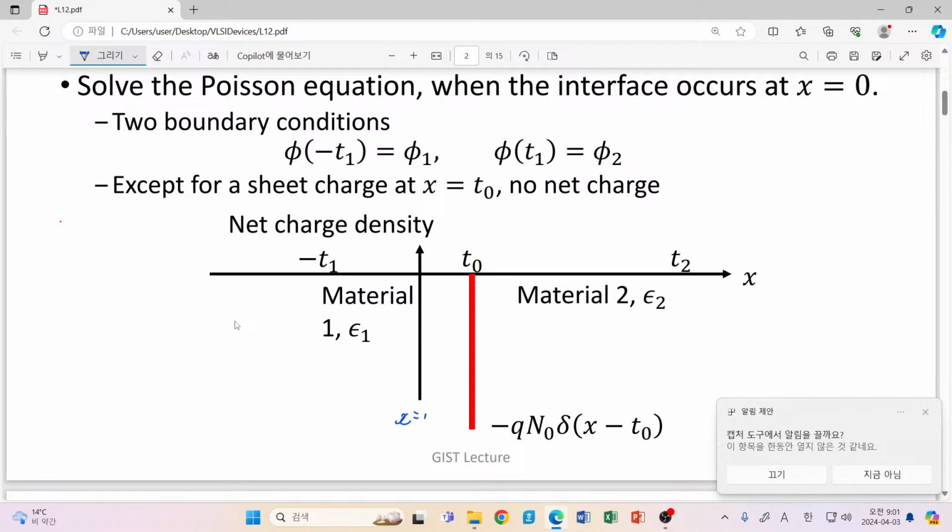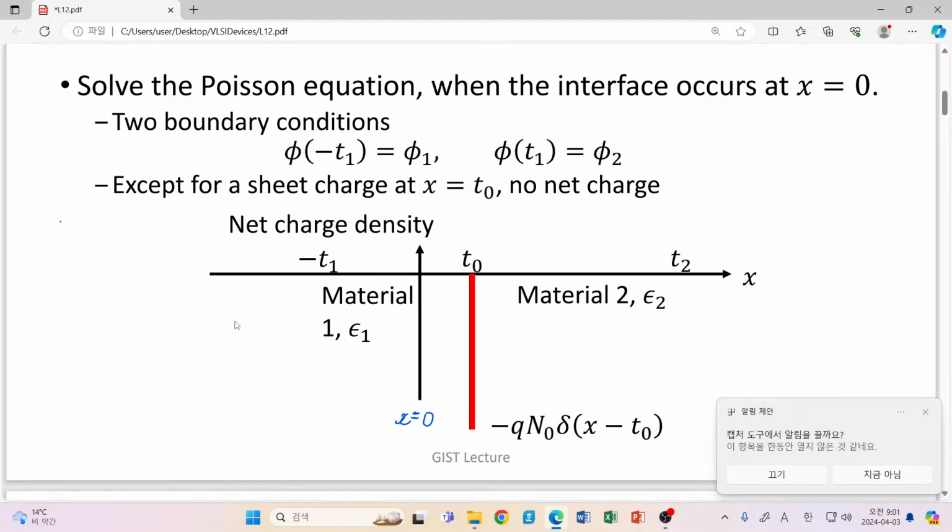In negative coordinate, here we have material 1, and for positive coordinate we have material 2. You can easily understand this is the case we can frequently see in realistic problems.